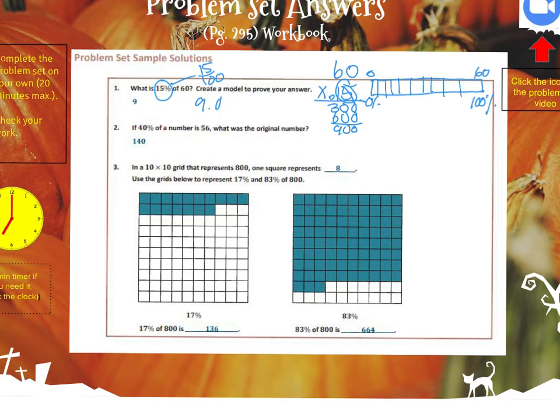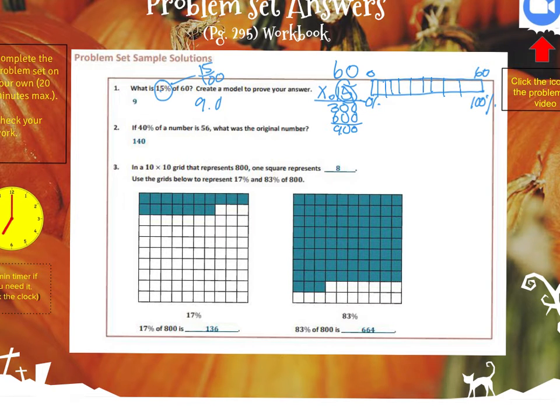I may need to go a little differently, since it says 15% of 60. Maybe I should have counted by 15, but I wouldn't end up at 100. So then I've got my 60 up top.